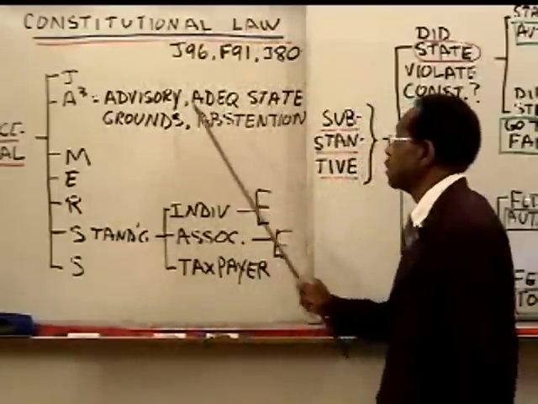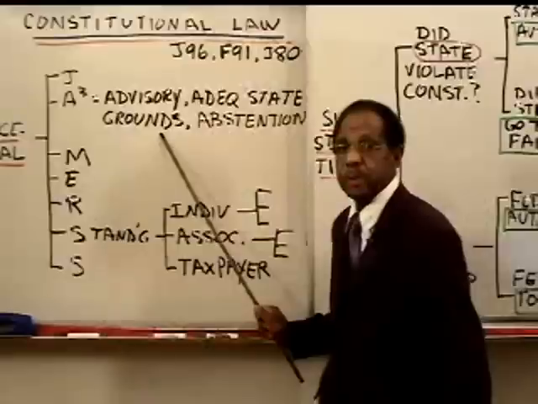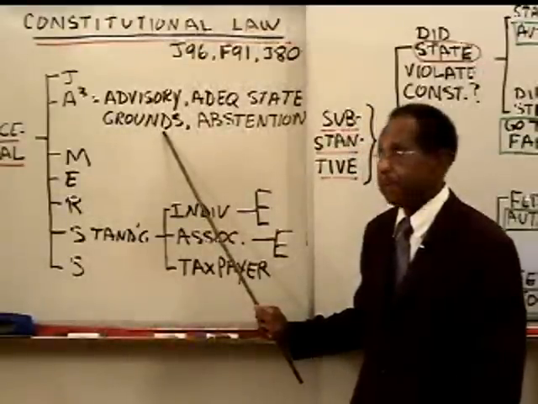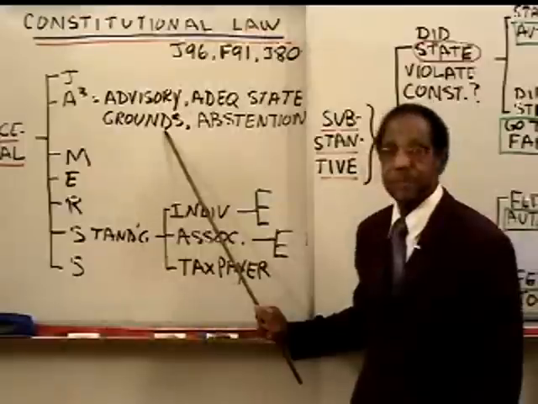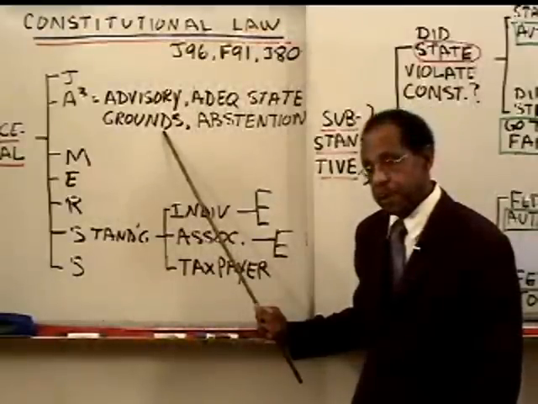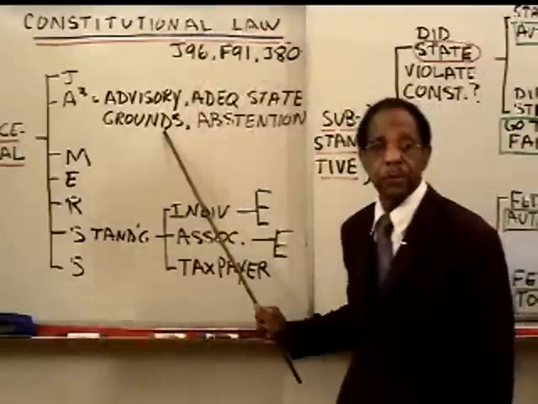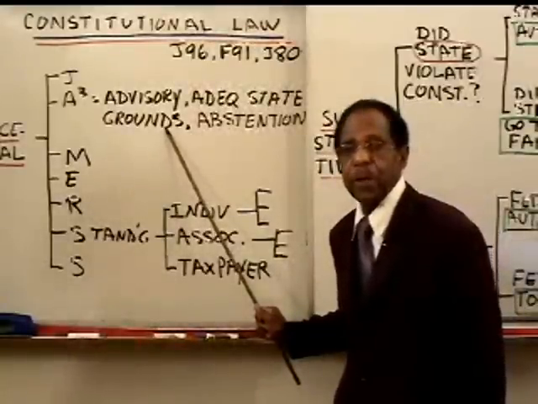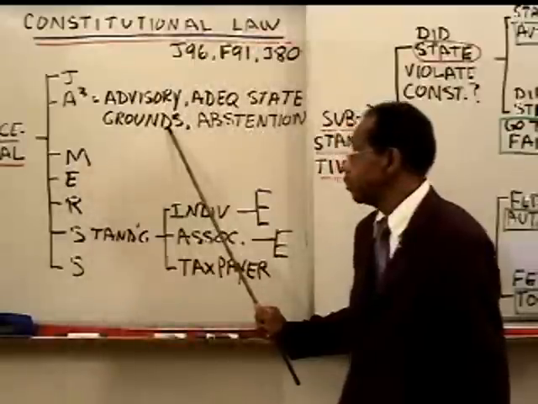Adequate and independent state grounds, there simply is no federal issue involved, so there's no reason to go to federal court. But here, watch for the question of, are the grounds that the state court used really independent, or were they trying to do what they thought the federal courts would do?